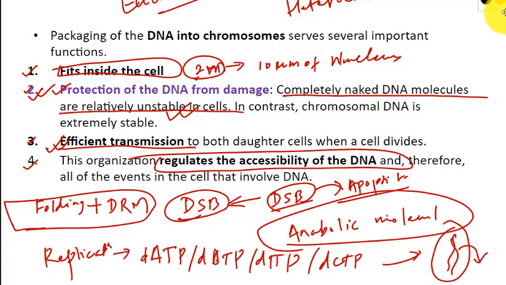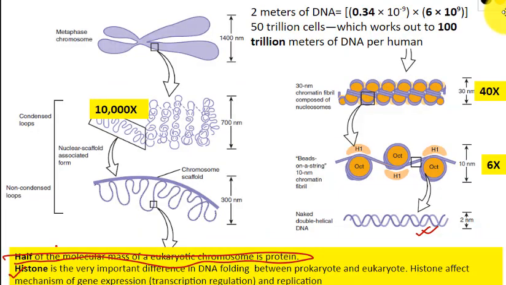So the DNA which is not required for the cell is made inaccessible to prevent damage to those DNA. So these are the reasons why DNA is folded. And for folding, you have to remember a simple concept that it requires lots and lots of proteins. The main protein is histone.